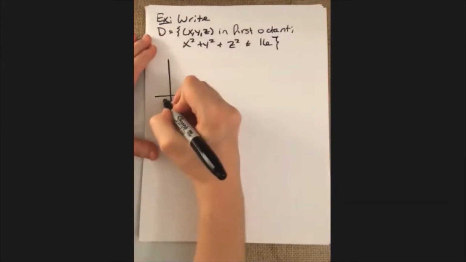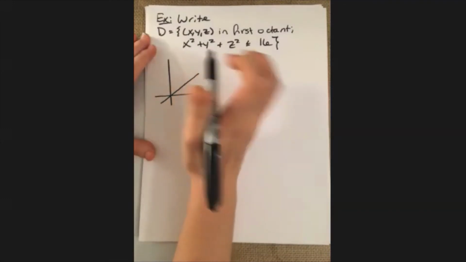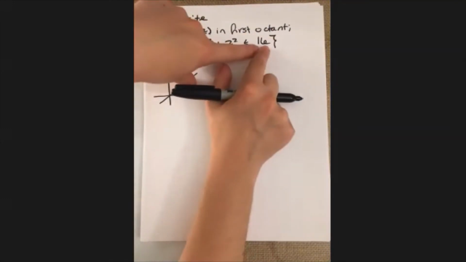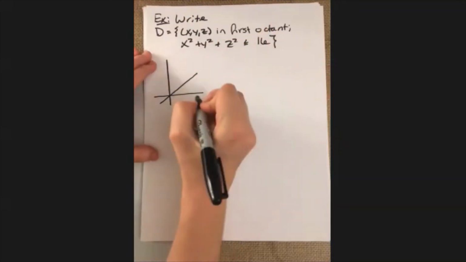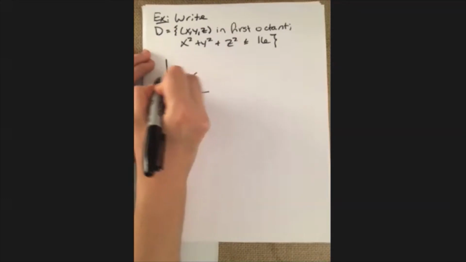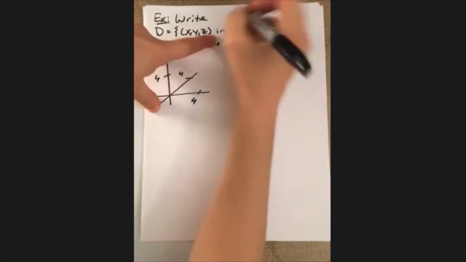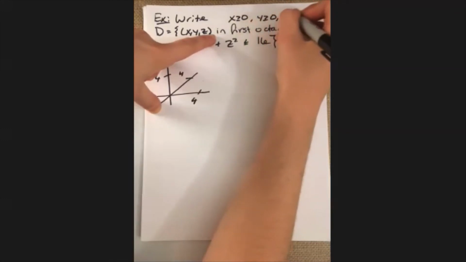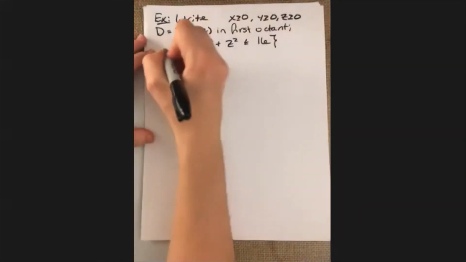So this one, I'm just going to really kind of draw the quarter of it. So we're looking at a sphere with radius 4. And we're looking at the first octant, which means we have x greater than or equal to 0, y greater than or equal to 0, and z greater than or equal to 0.